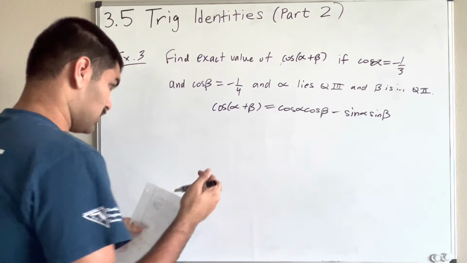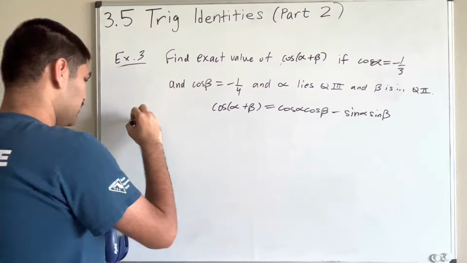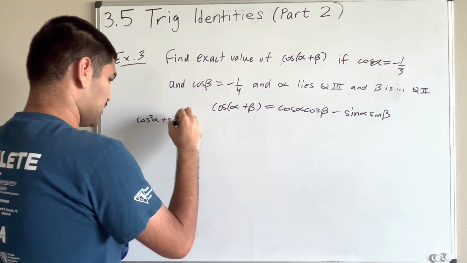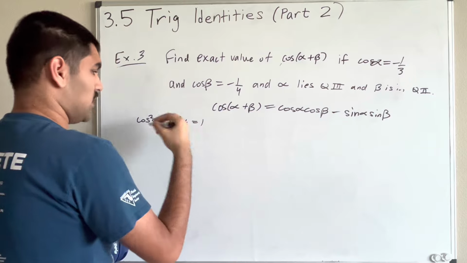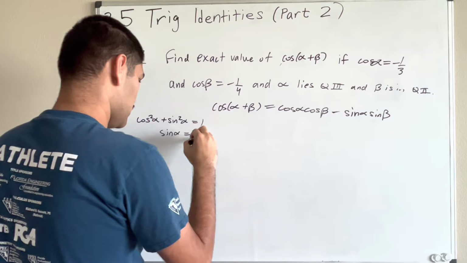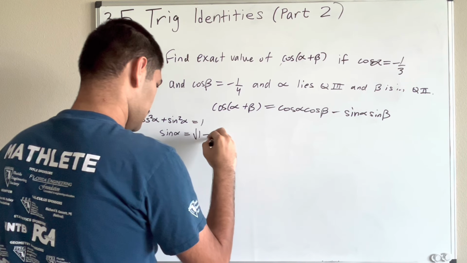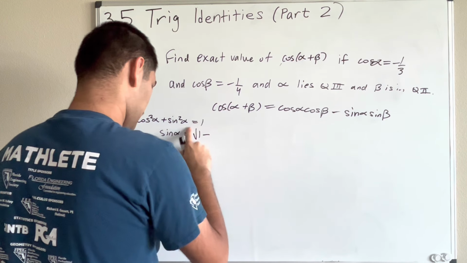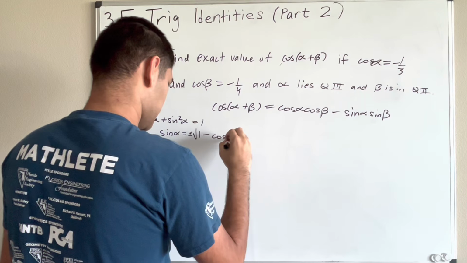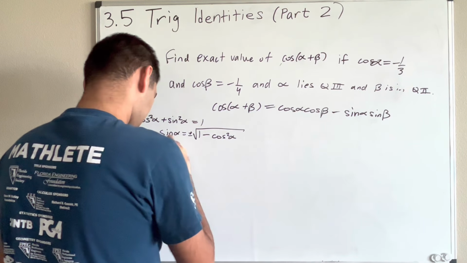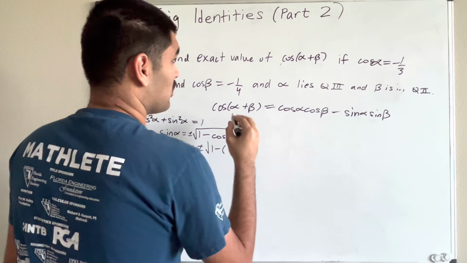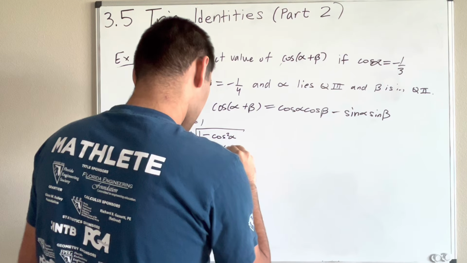So we have cosine squared alpha plus sine squared alpha equals 1, and you want to solve for sine alpha, so that's equal to plus or minus square root of 1 minus cosine squared, and then we can substitute in cosine of alpha is negative 1/3.